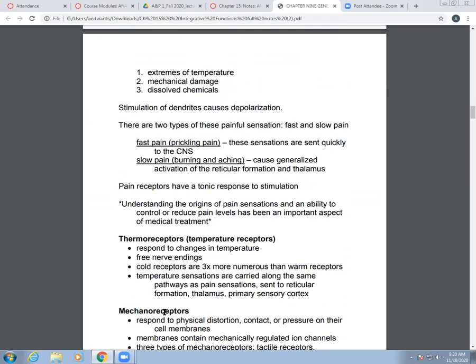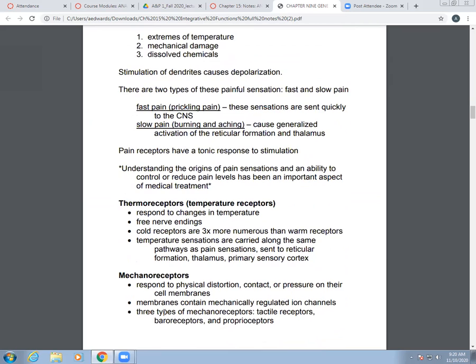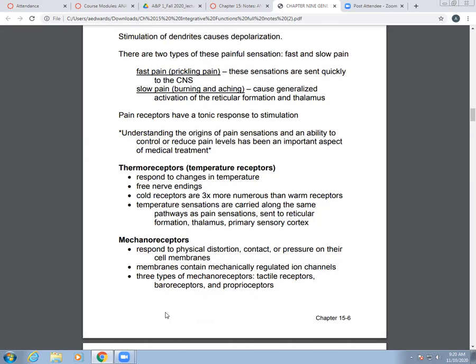You have 2 types of painful sensations. They can be fast pain or slow pain. Fast pain is also known as prickling pain. So here, the sensations are going to be sent quickly to your central nervous system. Hence fast pain. Slow pain, it's more burning or aching.